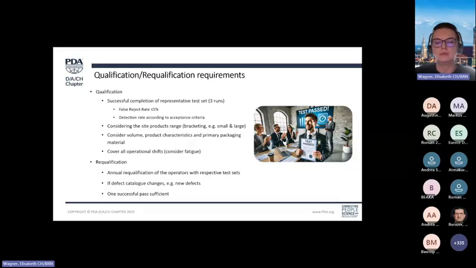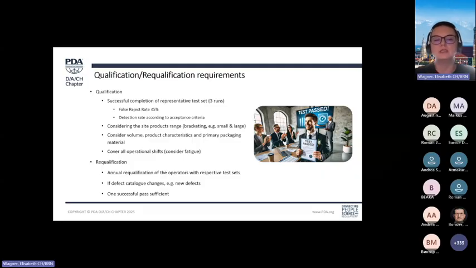And the qualification should be performed under routine conditions and should consider also all operational shifts that you have on site. Fatigue is always a topic, so operators should be also able to perform towards the end of a shift.